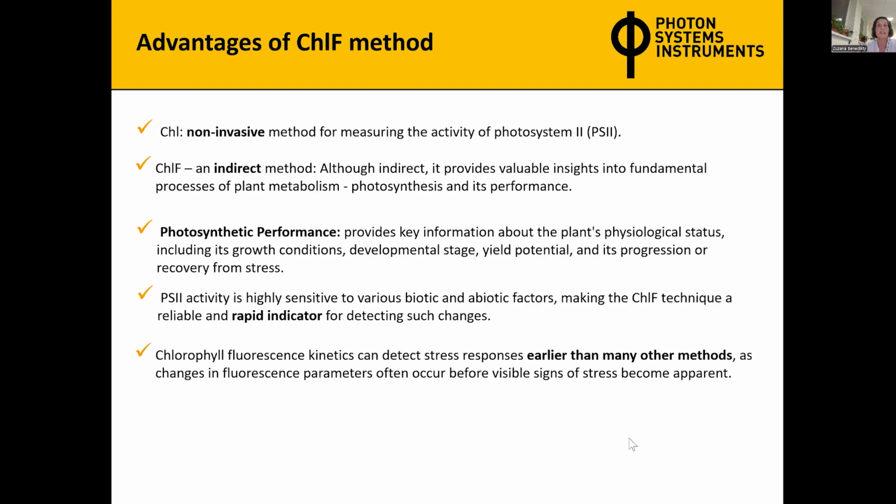With chlorophyll fluorescence kinetics, you can detect stress responses very early, much earlier than with other methods. For example, hyperspec is another optical method, but it gives you information about colors, in other terms, about pigments. And changing the compounds and pigments inside the tissue takes hours, even days. But chlorophyll fluorescence gives you information about photosynthesis, and it responds rapidly to anything.